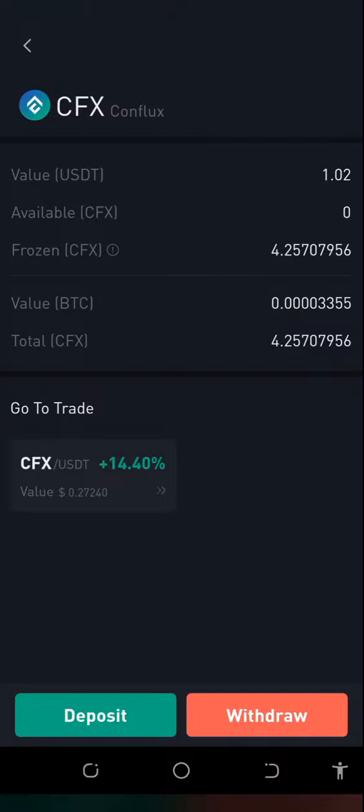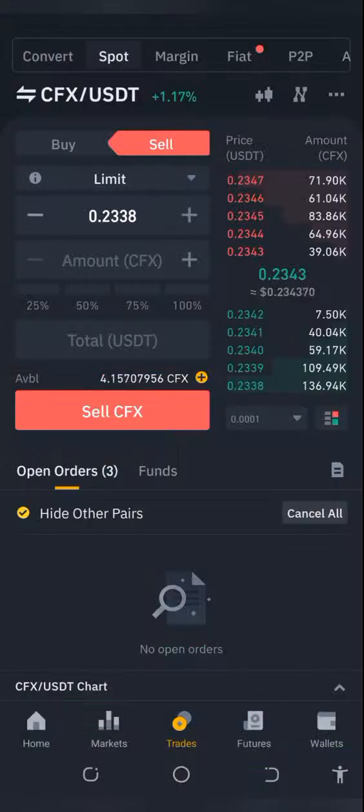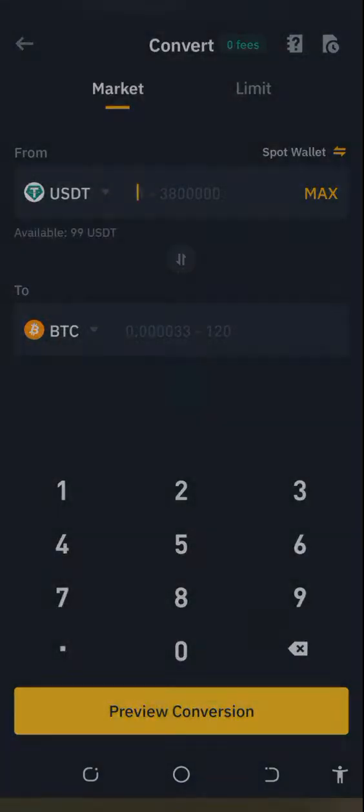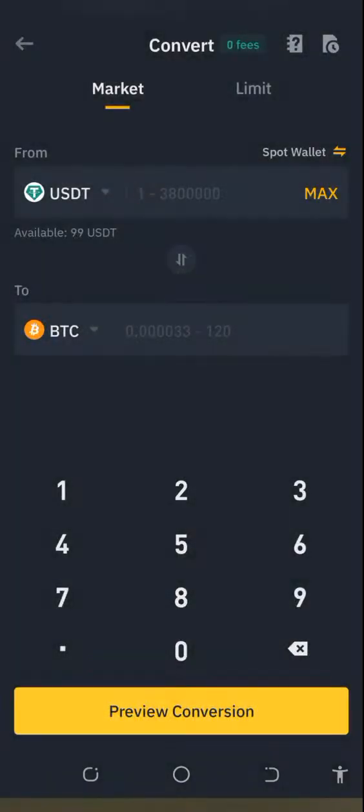Okay, see you shortly. Okay, it has arrived. 4.15. We sent out 4.26, and now it's at 4.15. Obviously, we cannot change it here, so we have to go back to our convert, and then we will put that in here.